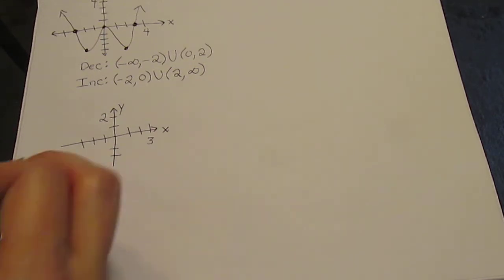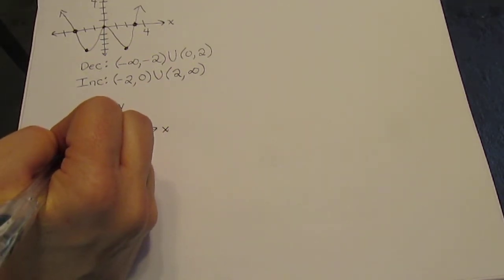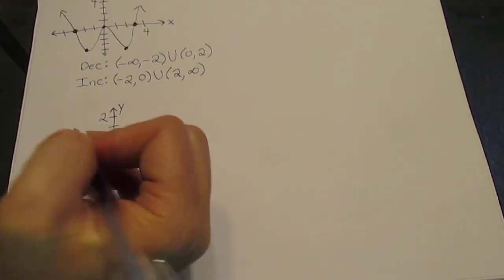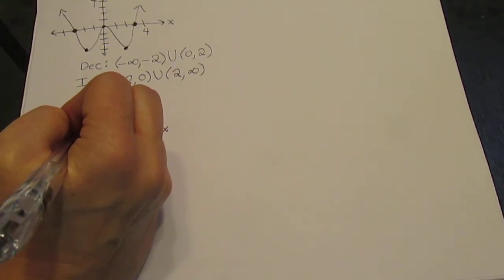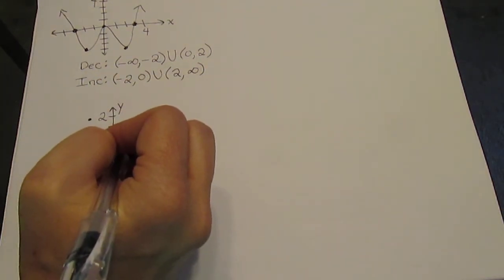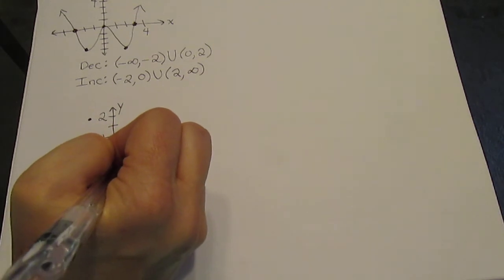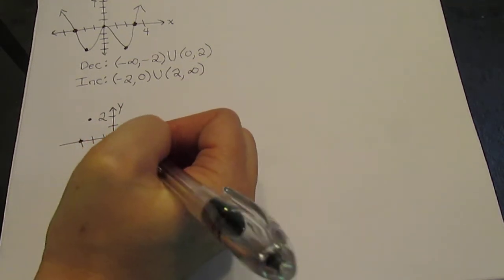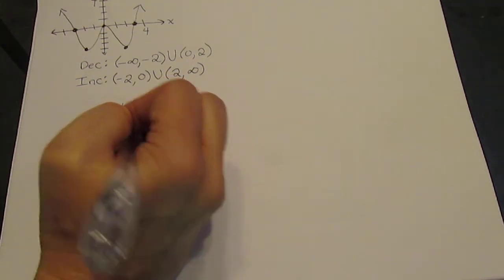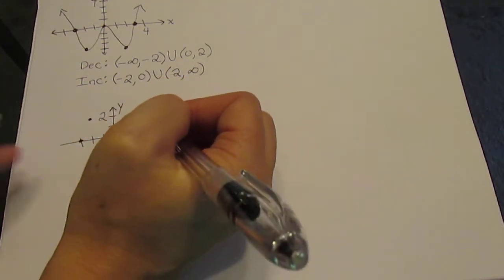And I've got the points (-3, 0), (-2, 2), (1, -2), (2, 1), and (3, 0).